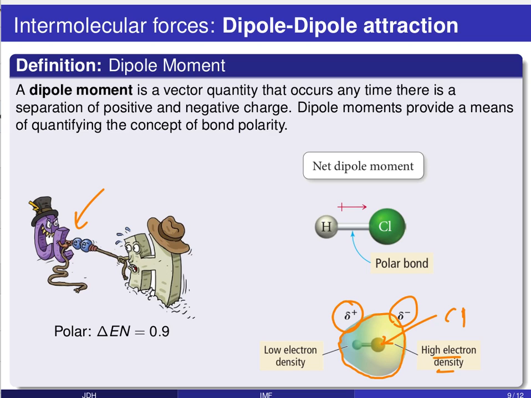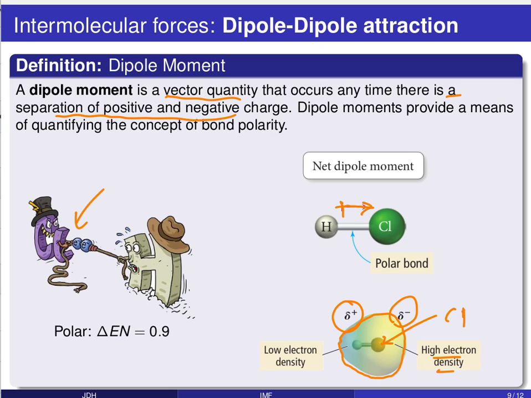When you have this separation of charge, that is what gives rise to a dipole moment. Remember, we represented these dipole moments by this little arrow, and we put a little plus, the cross sign, on the electropositive element. This dipole moment is simply a vector quantity that occurs anytime there is a separation of positive and negative charges.